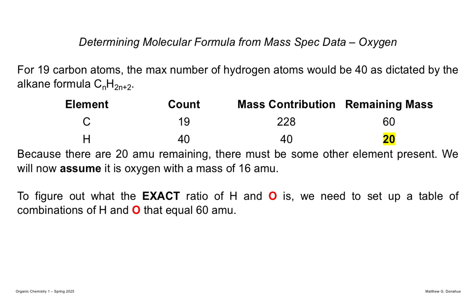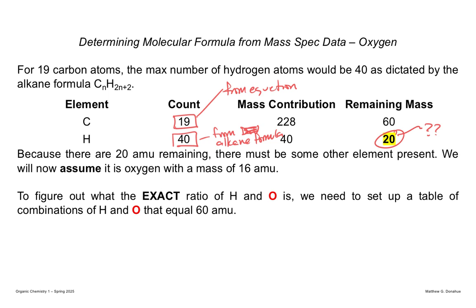And this summarizes our findings so far. We got the carbon count from the equation. We got the max hydrogen count from the alkane formula. And then the issue is we're still left over with these 20 mass units to deal with.